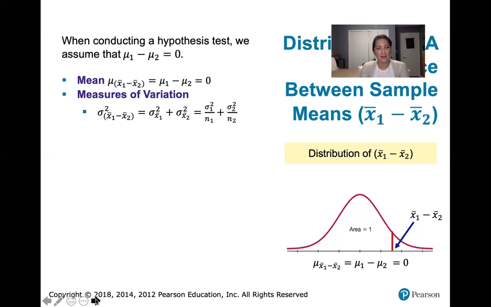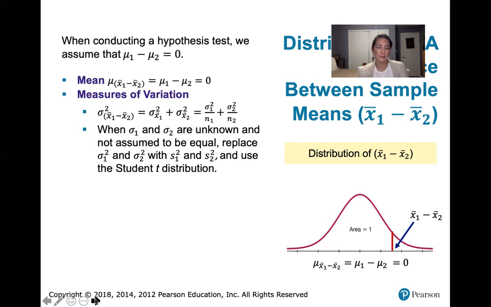The variance of a difference between two independent random variables is actually the sum of their variances. This is the variance of x sub 1 bar. This is the variance of x sub 2 bar. You add them together and that gives you the variance of the difference between x sub 1 bar and x sub 2 bar. Now, most of the time we don't work with variance, we work with standard deviation. So we'll take the square root of both sides.